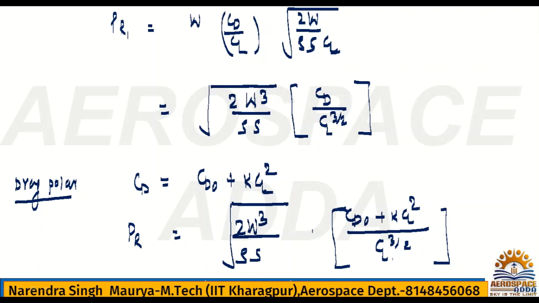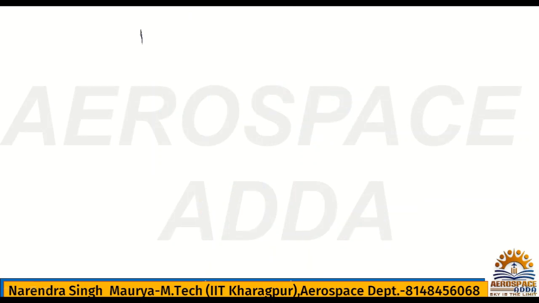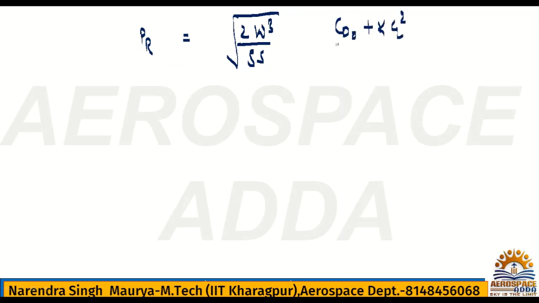Alright. Now check this term, which is basically constant. Let me write one more step. So what I have written here: CD naught plus KCL square, and in the denominator it is CL to power 3 by 2.